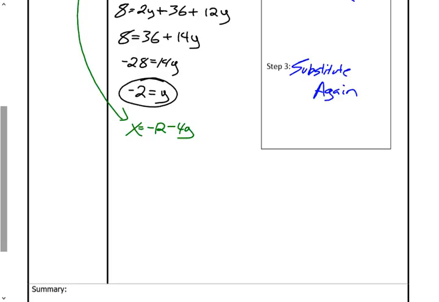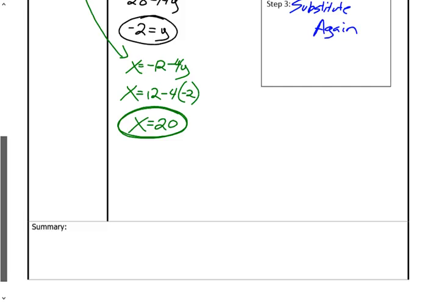That's already basically solved. So I can substitute here like so. And then, I mean, we're pretty much done. 4 times negative 2, I'm going to get 20.